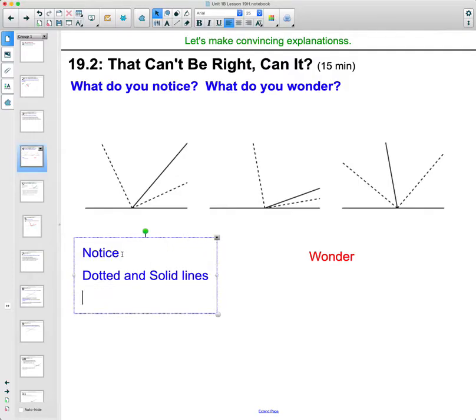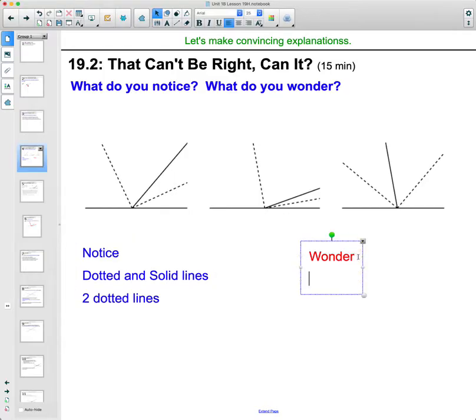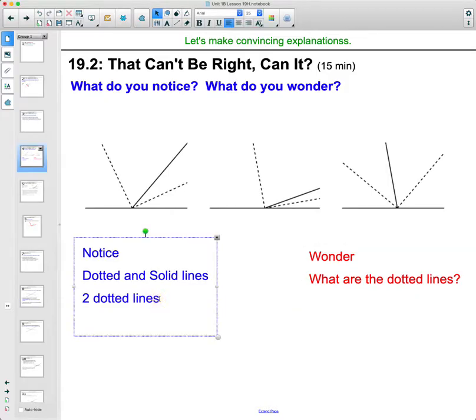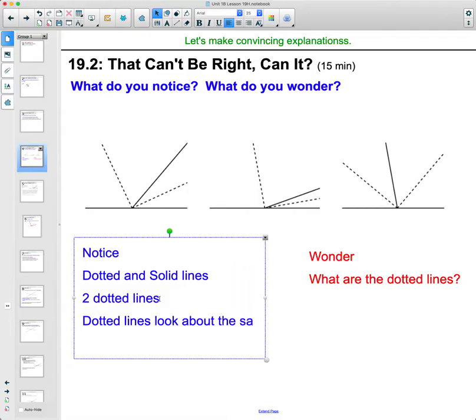They saw two dotted lines in every picture. Wondered about what are the dotted lines. Some people noticed that the dotted lines look about the same size.